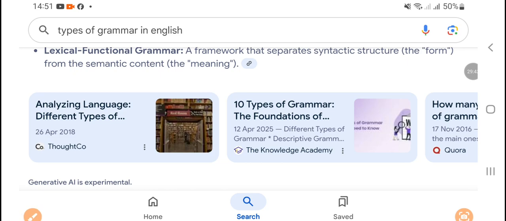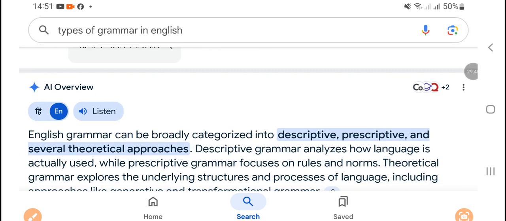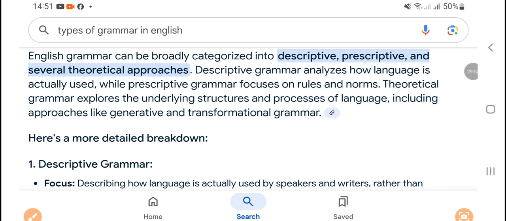So that is something about the types of grammar, right? English grammar is very important, and this is very small, superficial knowledge about grammar, but yes, we have to study in detail, then we will be able to understand linguistics properly.